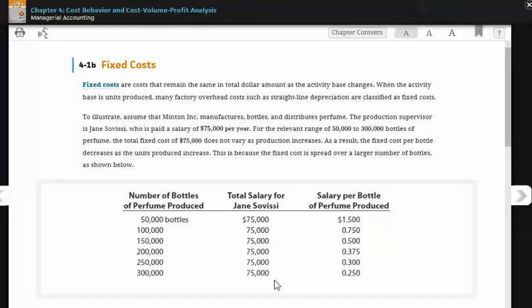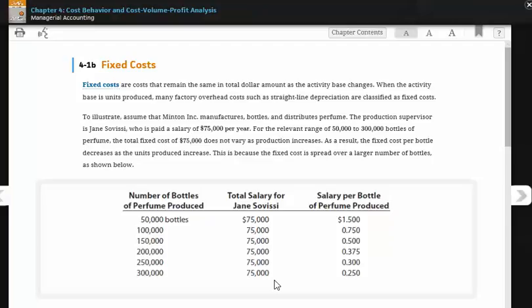It's $75,000 regardless of the number of units. If I have one unit, it's going to be $75,000. Two units, it's still $75,000. 100,000 units, still $75,000. What it does change, though, is the cost per unit, because we take the total number of units and divide that into that fixed cost.